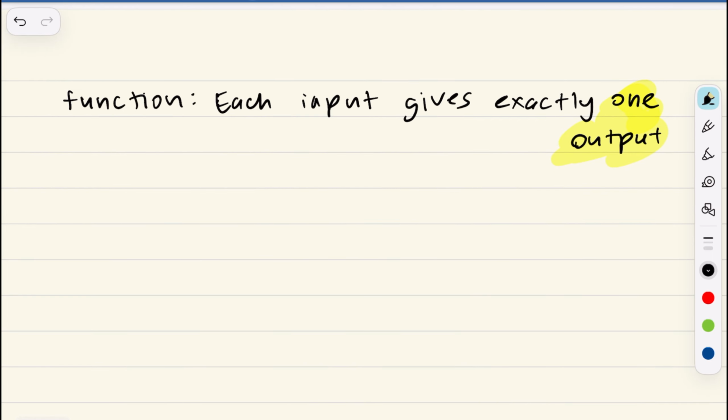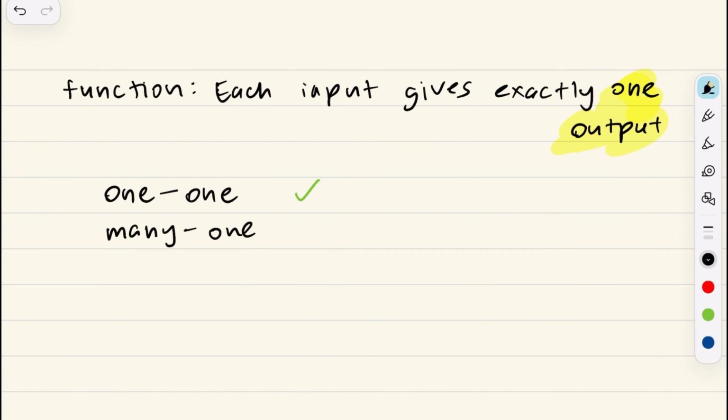So one-to-one mappings are considered functions: one input, one output. Many-to-one mappings are also considered functions. Why? Because even though they have many inputs, they have only one output, and that's the most important thing that matters. Finally, one-to-many mappings are not functions because they have one input but more than one output, usually two outputs. This is why it's not considered a function.